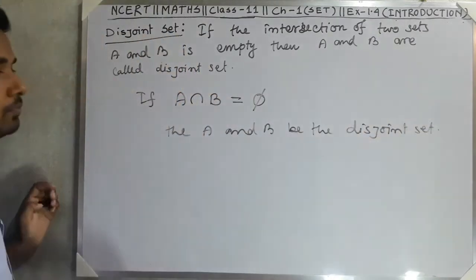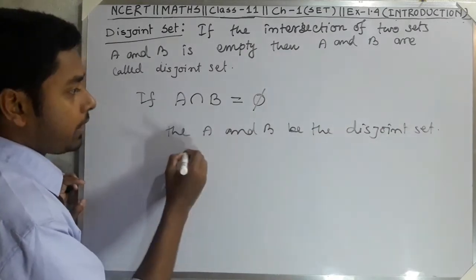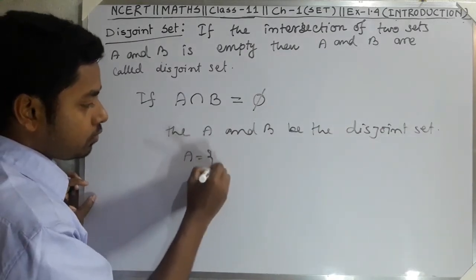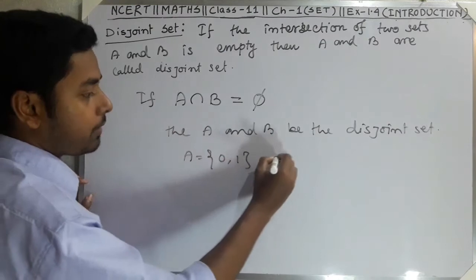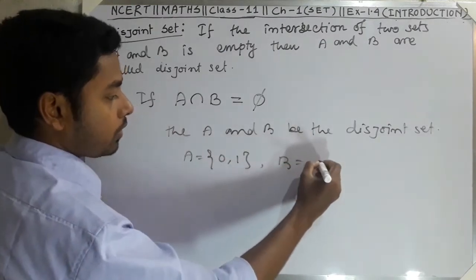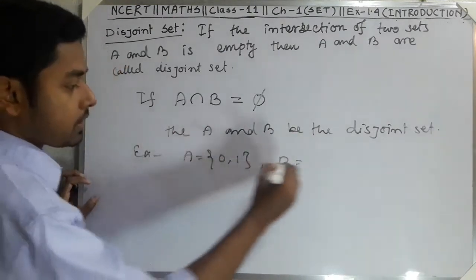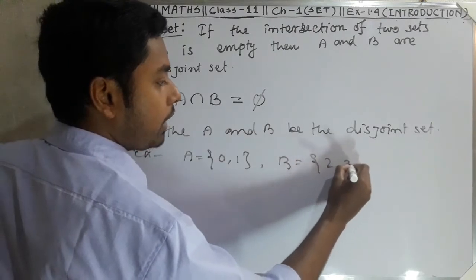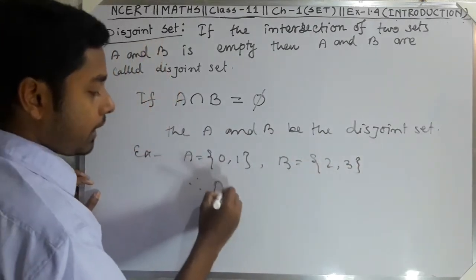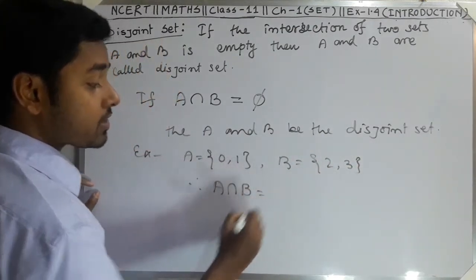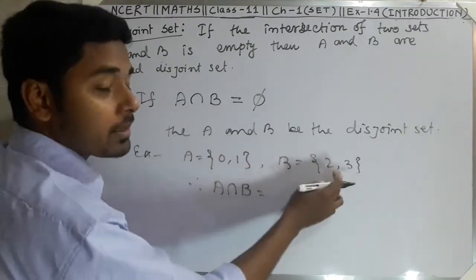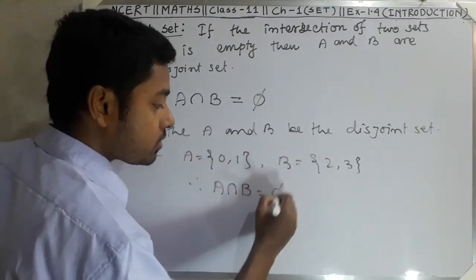Suppose I am taking an example. Suppose A is equal to {0, 1} and B is equal to {2, 3}. Now what is A intersection B? No common point is there, so A intersection B is equal to phi.